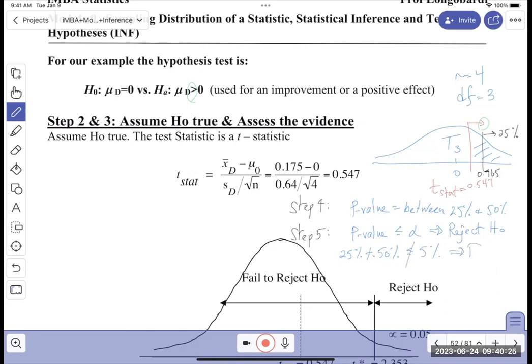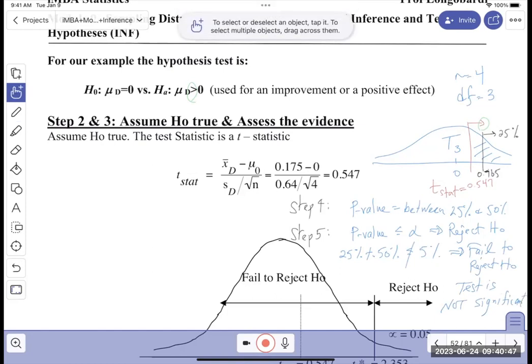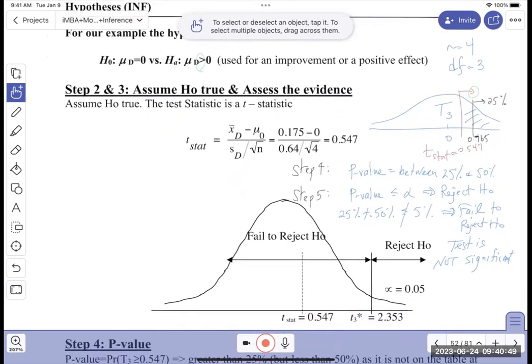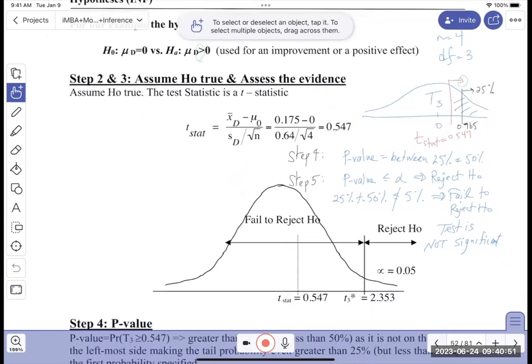So we say we failed to reject. We didn't find anything unusual. Our assumption stands. So the test is not significant. In other words, in words, there was no improvement. The new fertilizer did not improve yield.